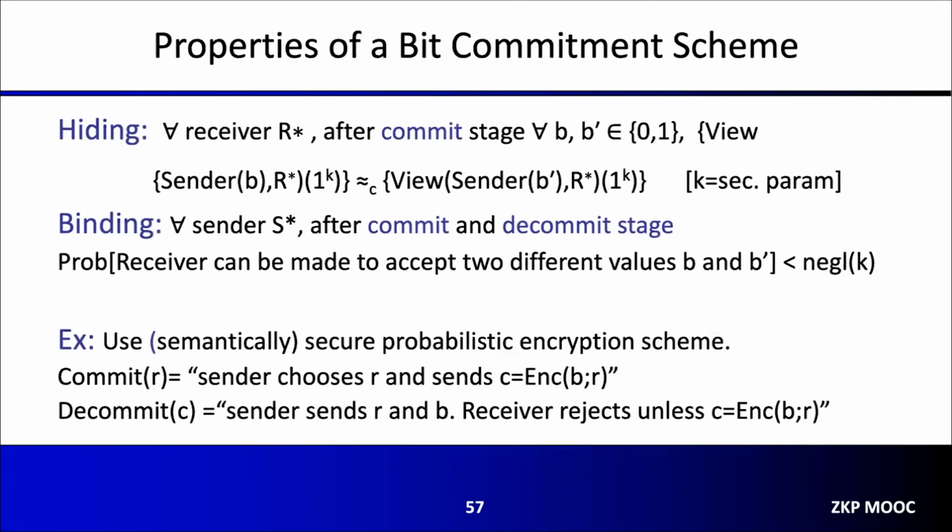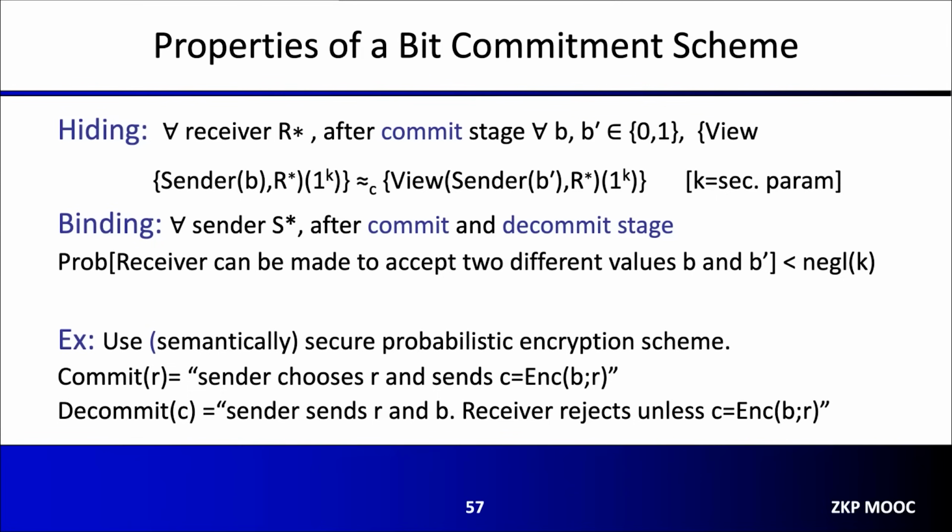We can go into a little more detail on the exact definitions. For hiding, the view of the receiver when you commit to a bit B or a bit B prime is computationally indistinguishable. And binding is that you are not able to decommit to two different values, B and B prime.